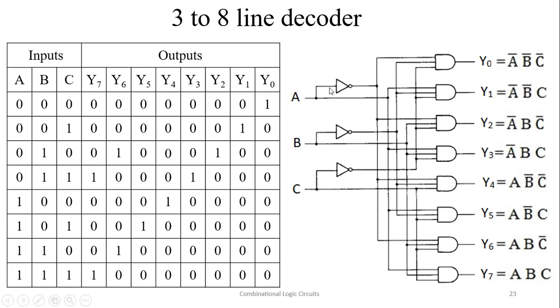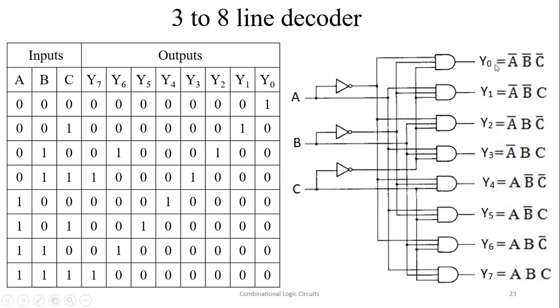These are the Boolean expressions for each output, and this is the implementation. For example, for Y0 we have A applied through this inverter, so if A is 0 this will be 1, B is applied through this inverter, so B bar is here, and C is applied through a C bar here.